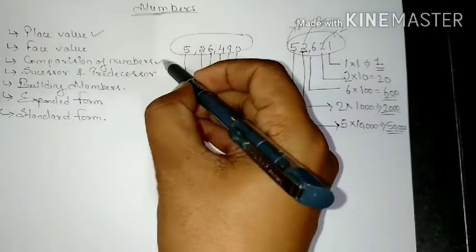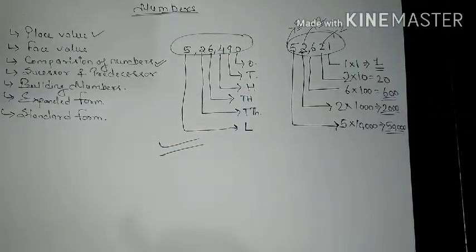Now proceeding forward, we will understand what is comparison of numbers. Comparison of numbers means comparing the numbers, and if we want to compare numbers, we need at least 2 digits.